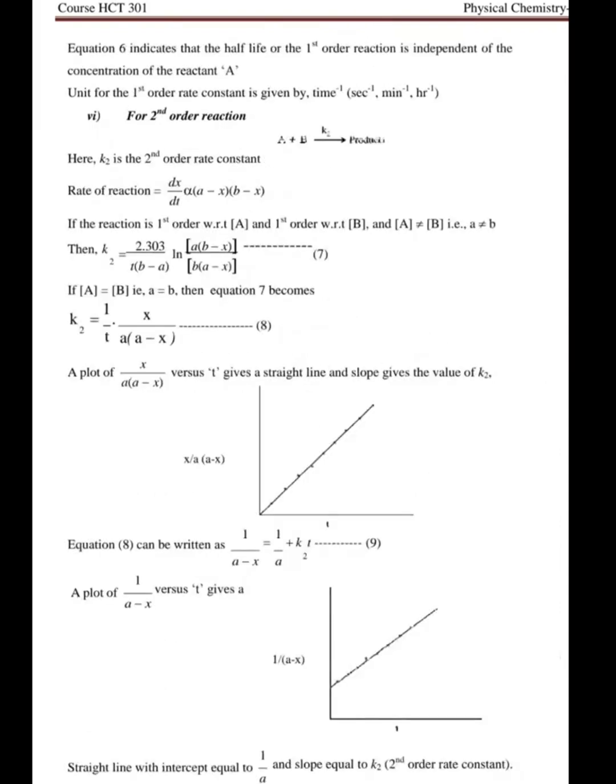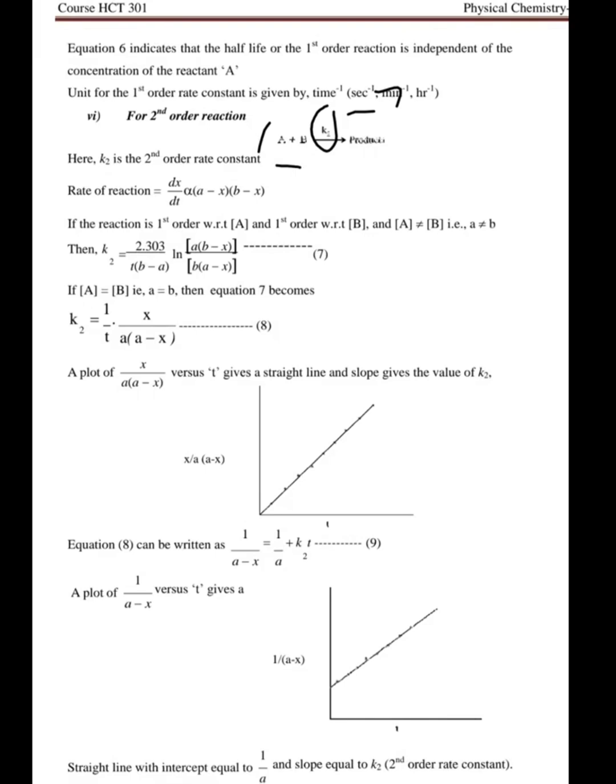And for the second order, here we are taking A plus B gives the product, where K2 is the rate constant. We are taking this example here, where the rate of reaction can be written as dx by dt proportional to A minus x. A is nothing but the initial concentration of A, and B minus x.